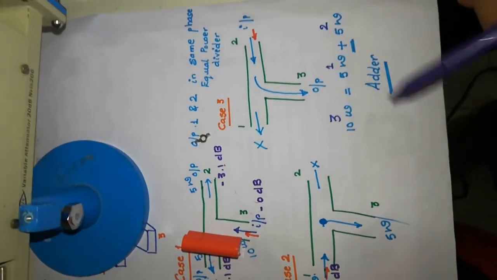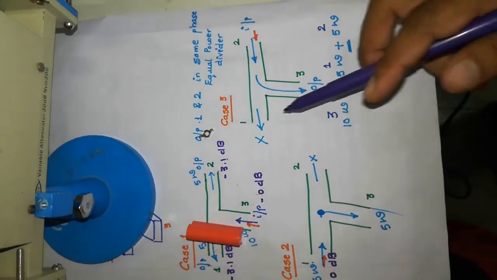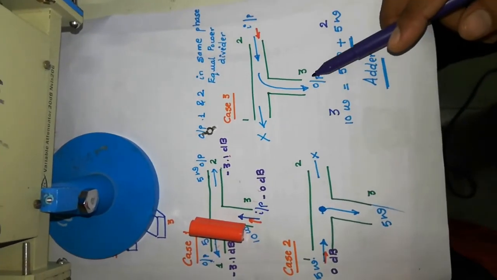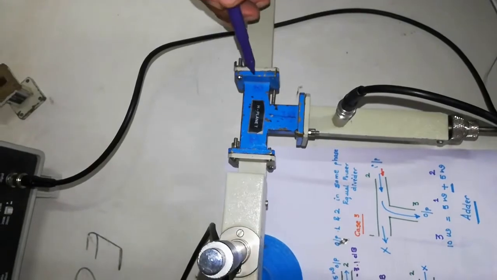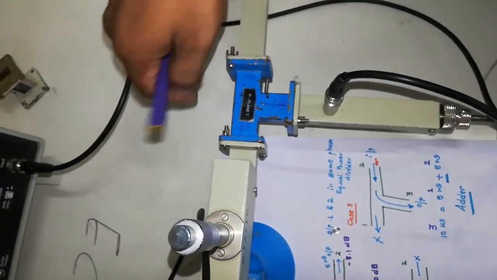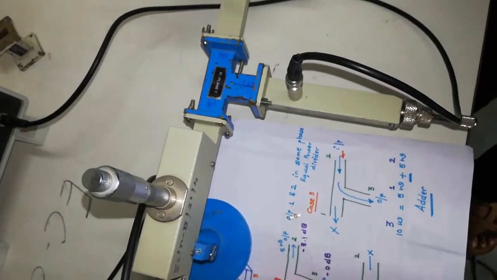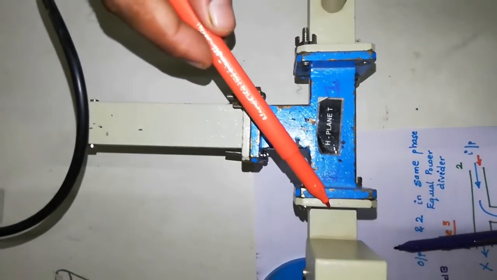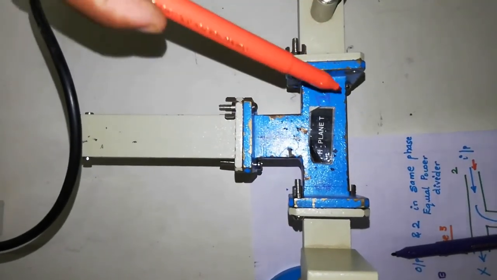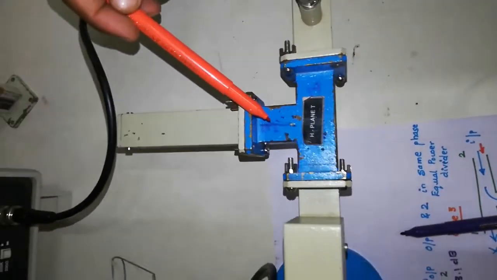In case number 3, we will give power to port number 2 and measure power from port number 1 and port number 3. We will interchange this and give power to port number 2 and measure power at port number 1 and port number 3. We have given power to port number 2 and we are measuring power at port number 1, with a matched termination at port number 3.